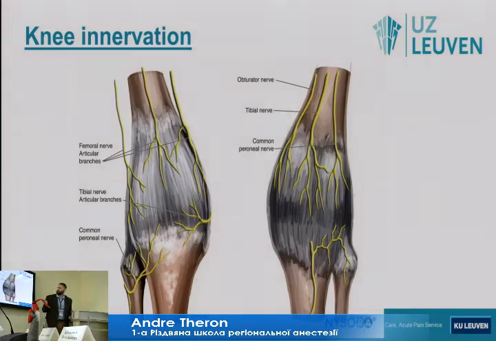So, just a quick anatomy again. This is without the patella now, the anterior view, where we have the femoral branches, as well as the contributions of the tibial and common peroneal, and then also the posterior obturator, tibial nerve, and the common peroneal nerves that come into the popliteal plexus, also the recurrent part there.